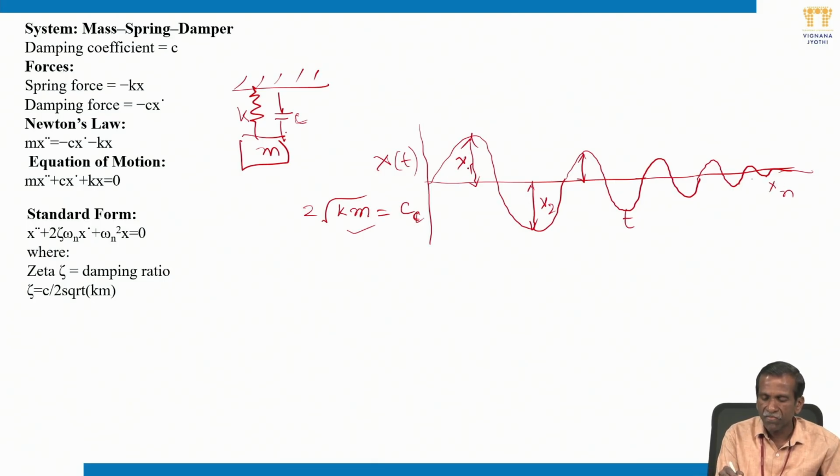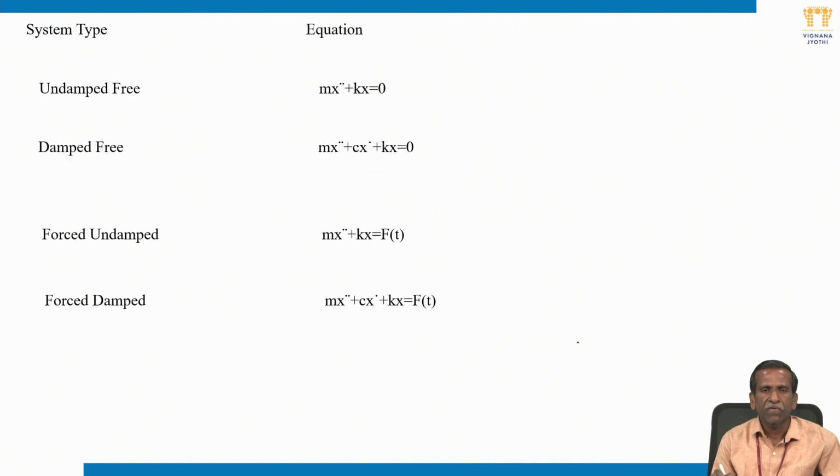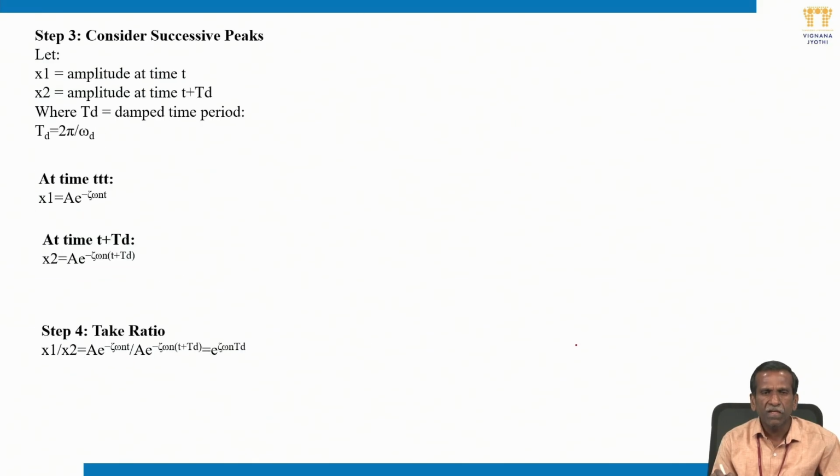Initially, whatever notation you use, x1 or x0, x1, x2, like that. If you go for that relation, then you can see that this x1, because it is amplitude, we can write as a e power minus zeta omega n t. This term represents the amplitude at any time. We are taking t1 time, let us say t.